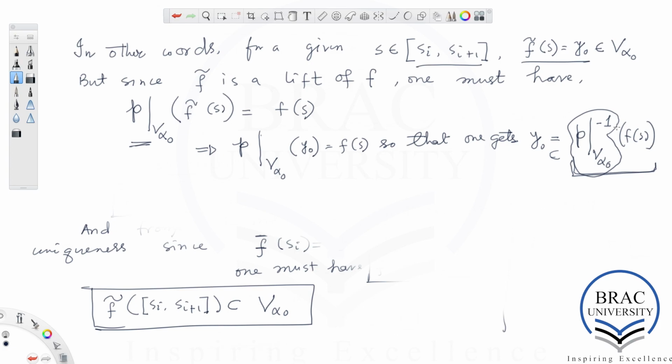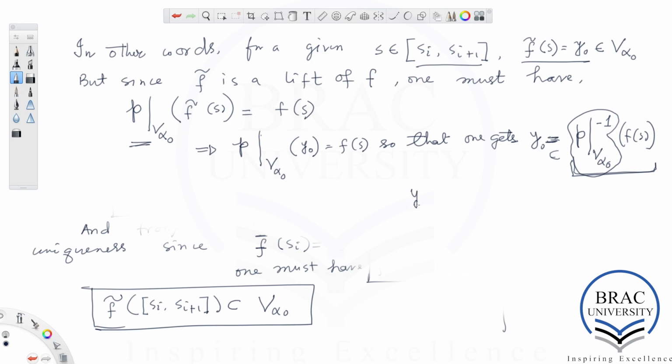In fact, it's bijective, since p restricted to V sub alpha 0 is a homeomorphism, so it's an equality. That is the reason it's an equality.